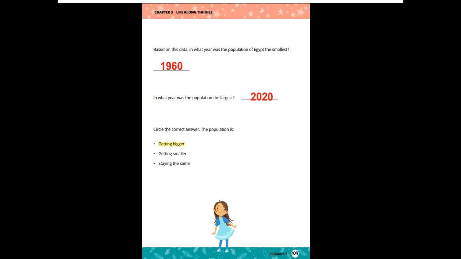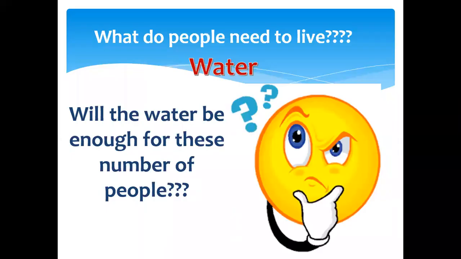This means that the number of people in Egypt grows. I wonder now, what do they need to live? Of course, they need water. Will the water be enough for this number of people? How do you think the growing number of people affect water?